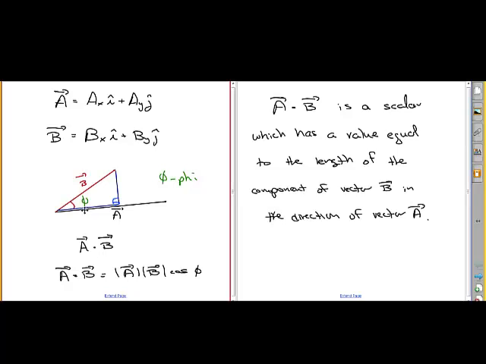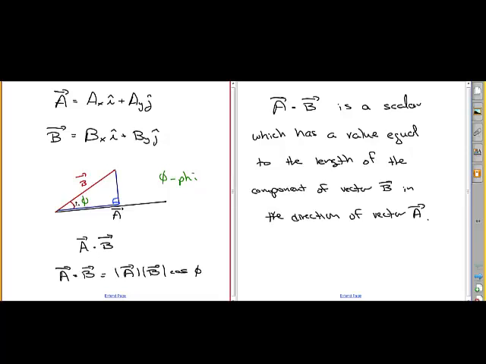And that comes about because of this right triangle that you end up with here. I'm trying to remember how that comes about. I think it's from the law of cosines. Anyway, I can't remember exactly if they tell you what it is.